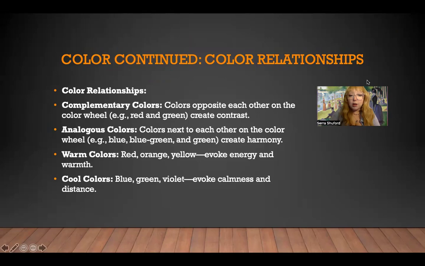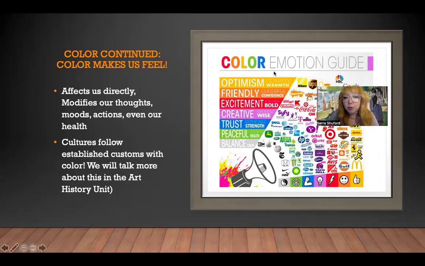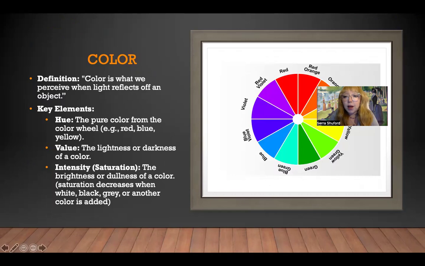Alrighty, so talking about some color relationships that are going to be important for us to understand later on as well. We've got complementary colors. Those are colors that are opposite each other on the color wheel. So I'm going to go back to our color wheel, for example. But our red and our green, those are complements.